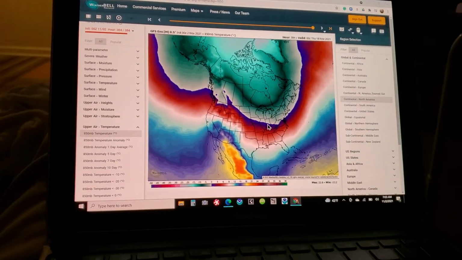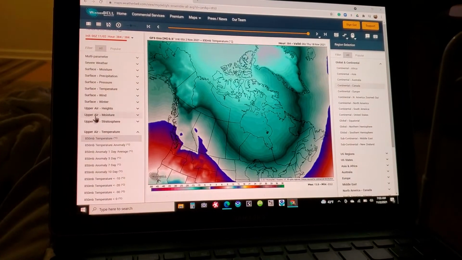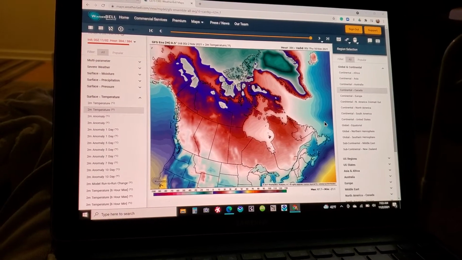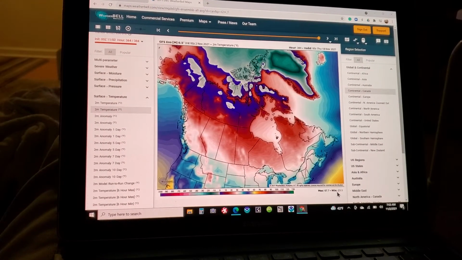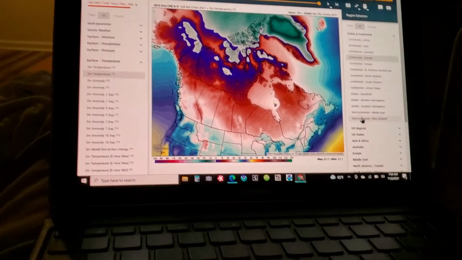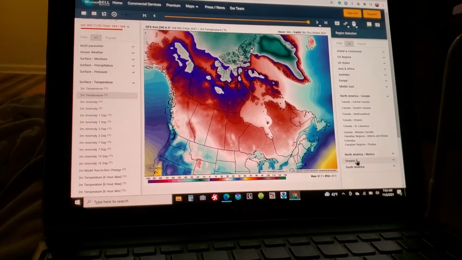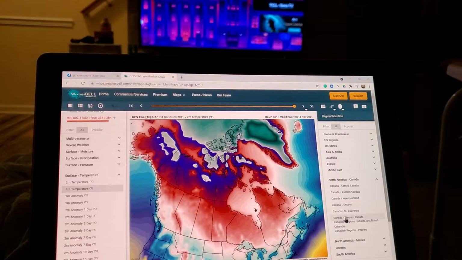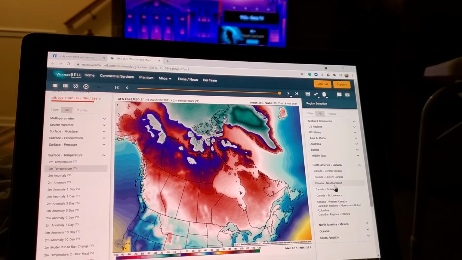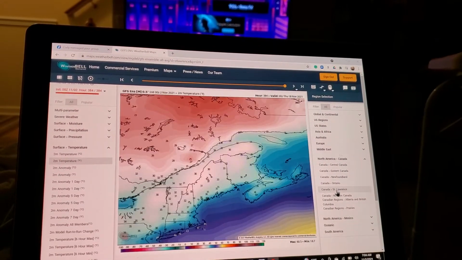I'm going to look at Canada at this view, and I'm going to look at the surface temperatures. So it's minus 21 Fahrenheit. Let me look at Ontario, St. Lawrence.